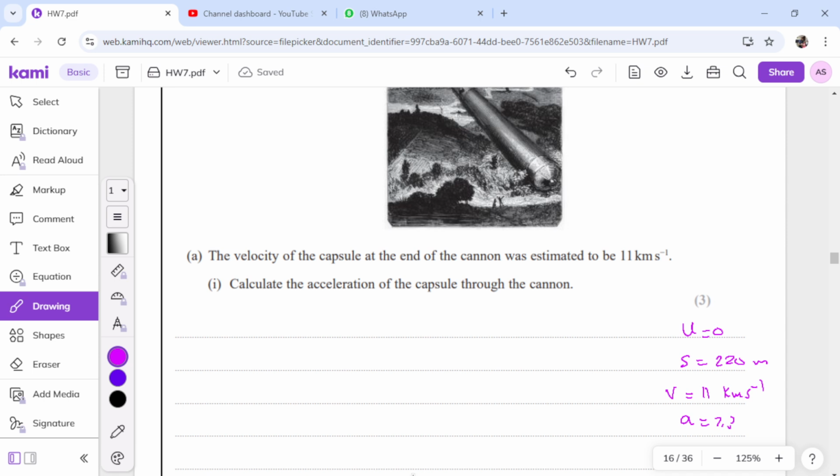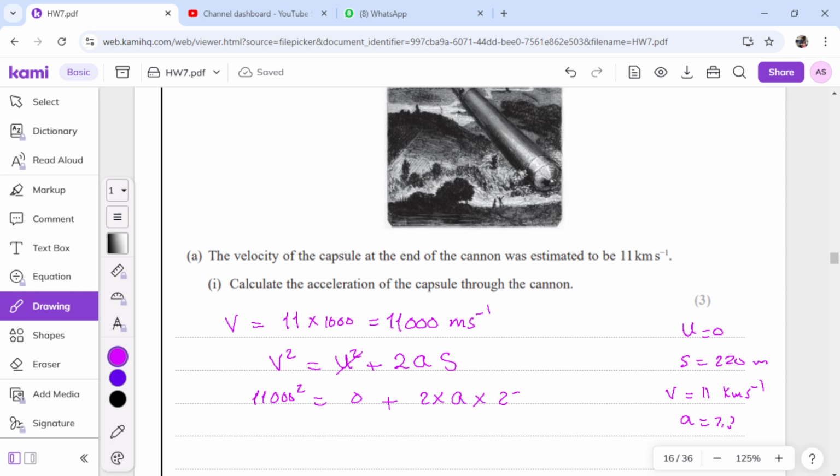So we will start with converting v from kilometer per second to meter per second. So it will be 11 multiply 1000 equal 11,000 meter second minus 1. Then to find acceleration we have distance, so we will use v squared equal u squared plus 2as. V squared is 11,000 squared, equal u is 0 because it starts from rest, plus 2 multiply acceleration multiply 220.